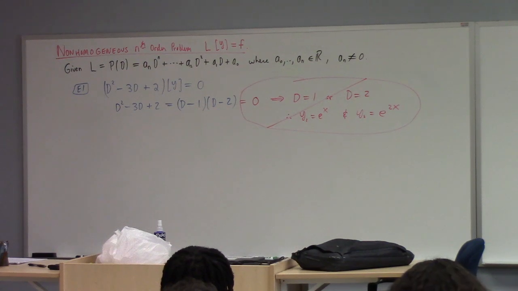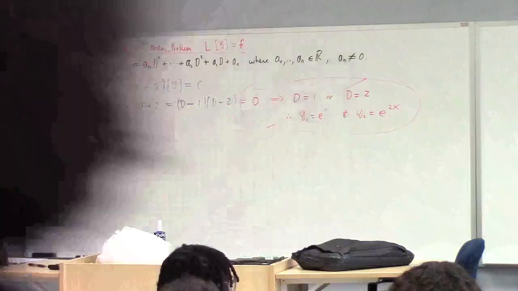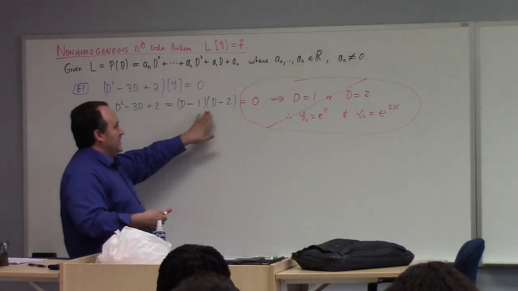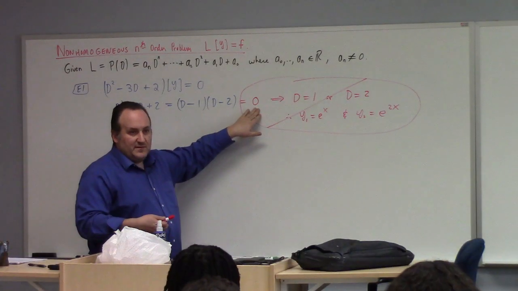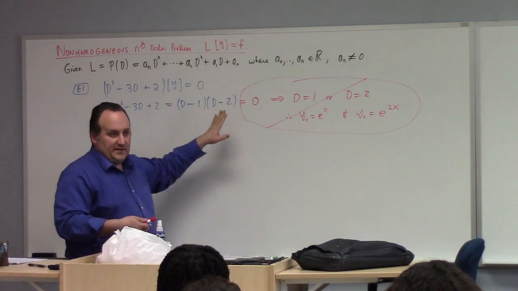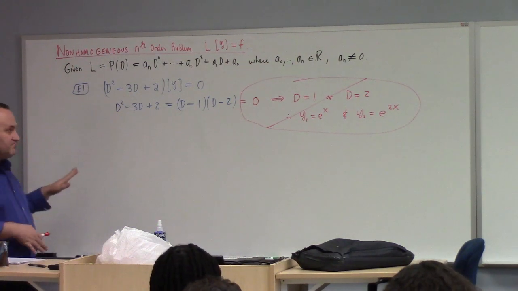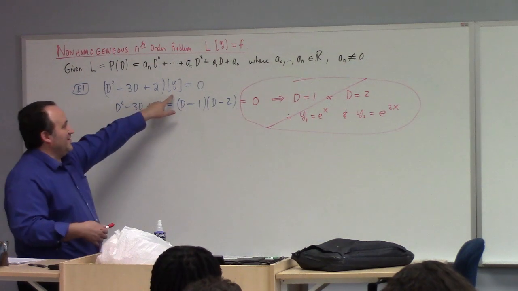The differentiation operator is not equal to 1. The differentiation operator is not equal to 2. Neither of these things are reasonable. And of course, the idea that (D minus 1) times (D minus 2) is equal to 0 is equally ridiculous. None of these things are true. This y here is important.